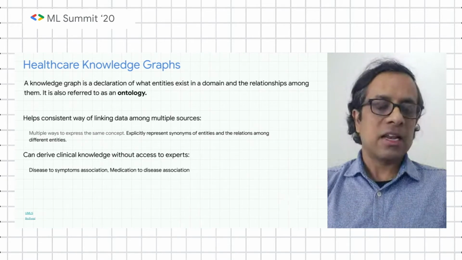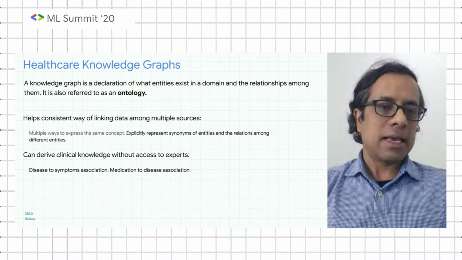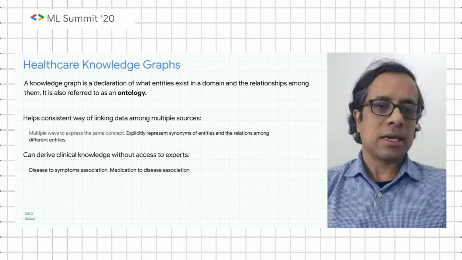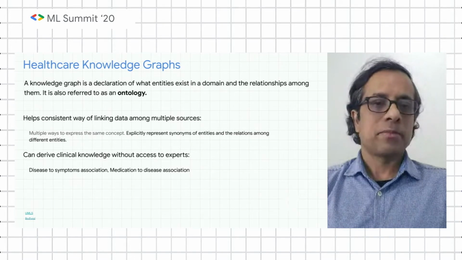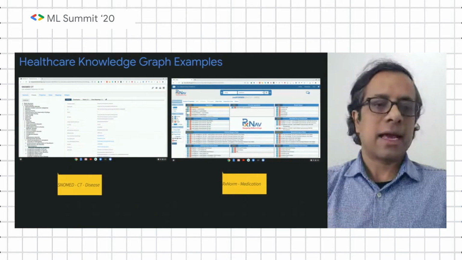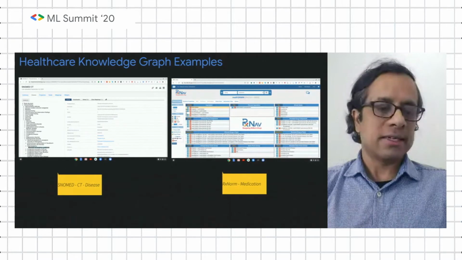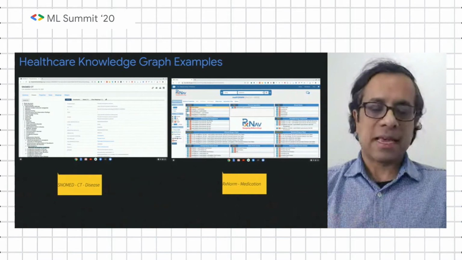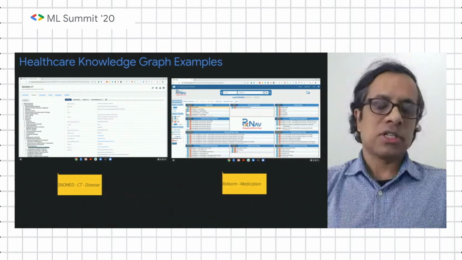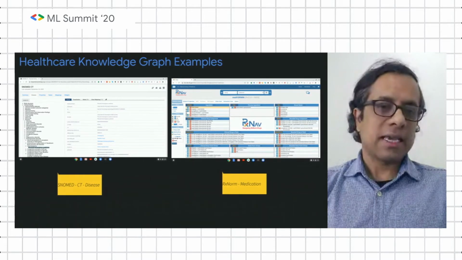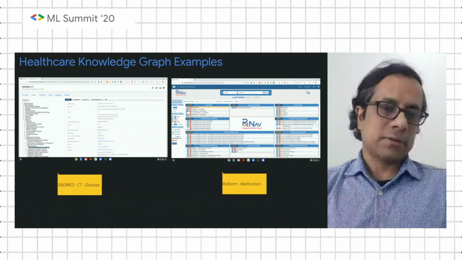And this is available openly, UMLS and the other website that I mentioned here. You can go there and download the information. And this is a concrete example of that. One is called SNOMED CT, which is for diseases and symptoms and things like that. And another example is RxNorm, which is an information hierarchy for medications.